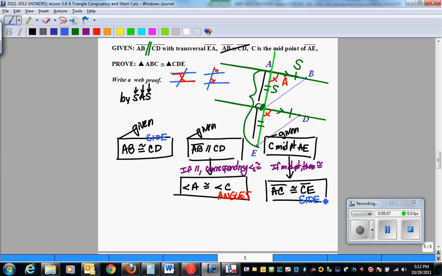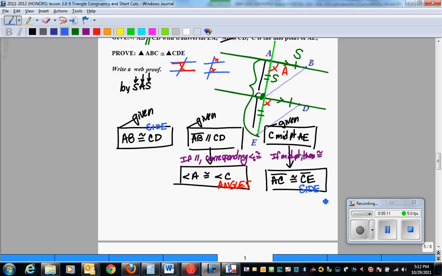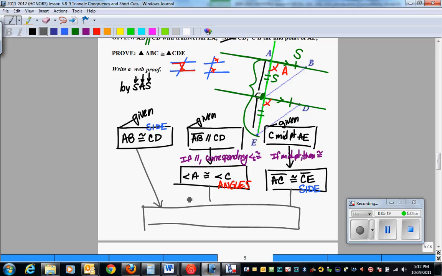All three of these pieces of information feed into our last conclusion, which is the fact that the triangles are congruent. Triangle ABC. Let me trace that out so it's easy to see.